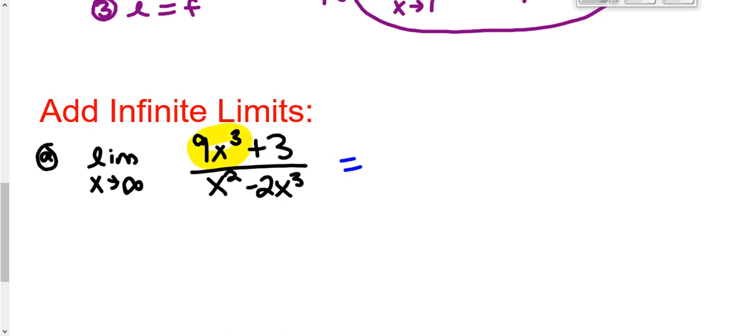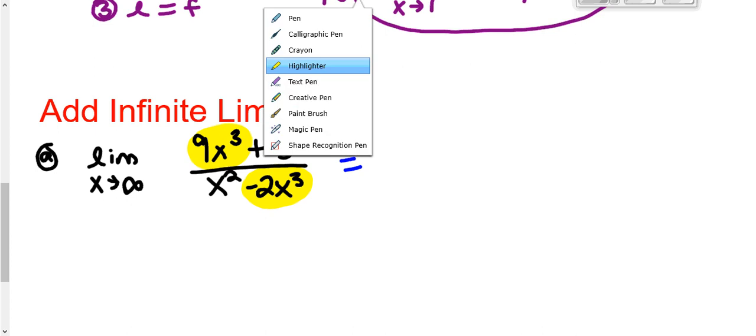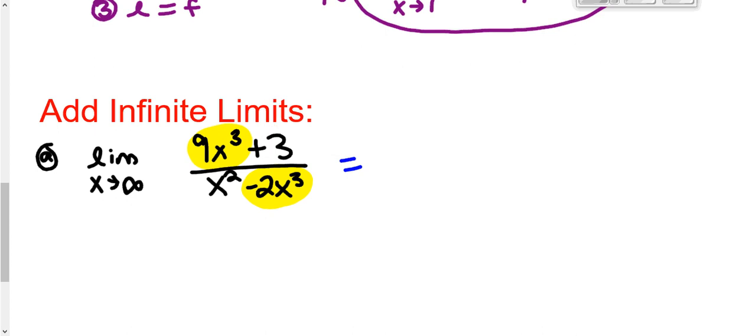Be careful, x squared is not the highest one on the bottom. Minus 2x cubed is the highest one. So we compare those exponents. Well, the exponents are 3 and 3. When exponents are the same and we're finding a limit as x approaches infinity, then we just take the coefficients, 9 over negative 2. And that's your answer.